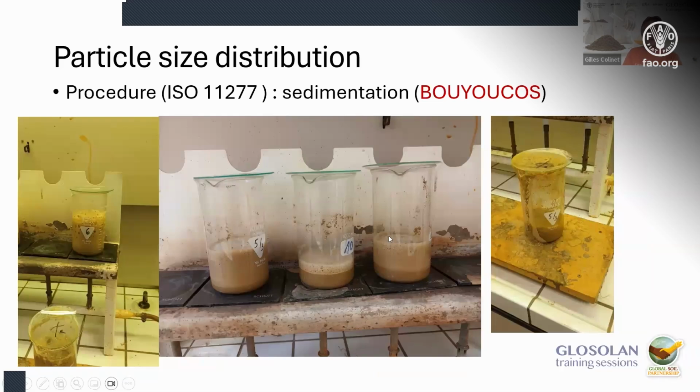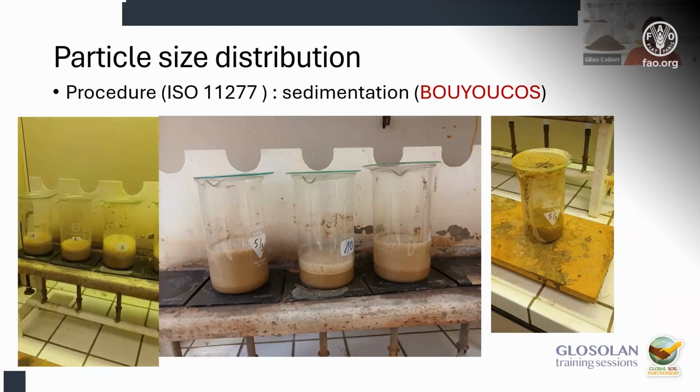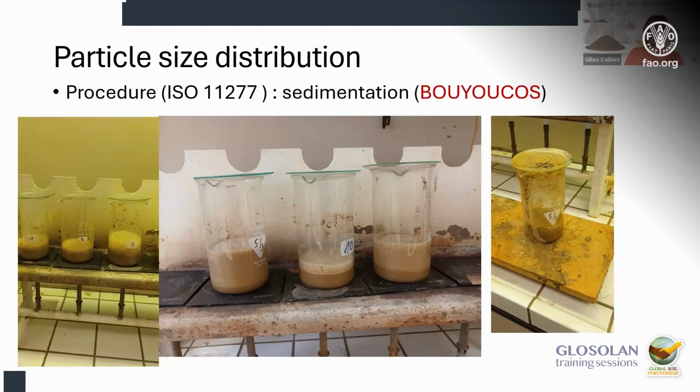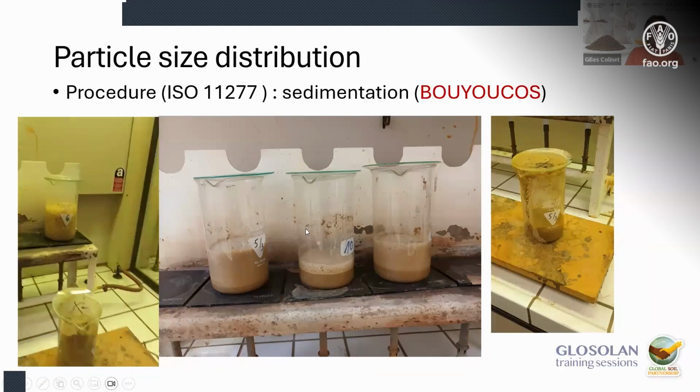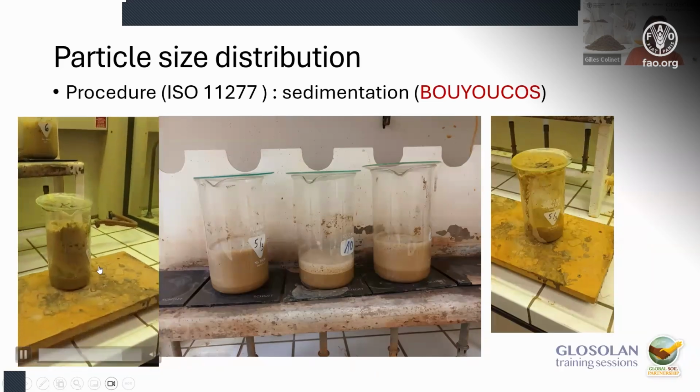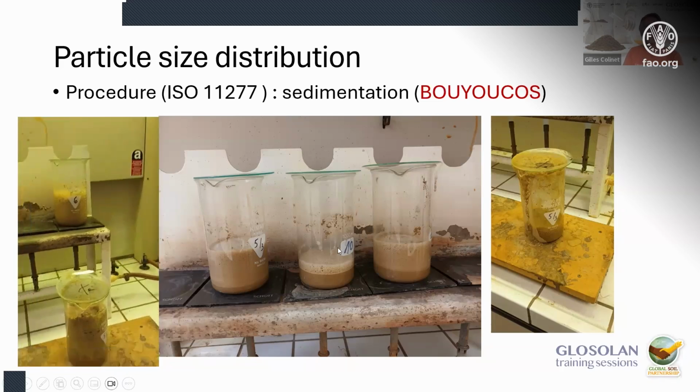So before, we were using this kind of device, a Bunsen burner with the flame, and we put the beaker on the flame for the attack. You see that there are lots of reactions. You see that the beakers are very dirty, so it's not very good. And sometimes you are obliged to take them off the fire.